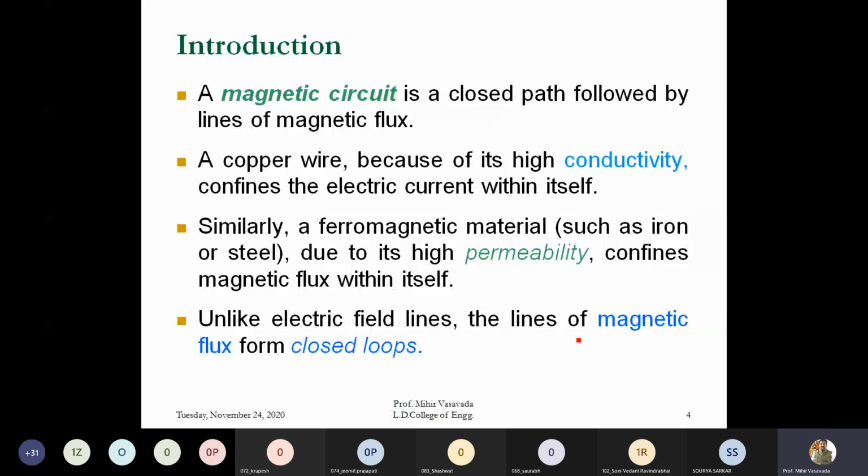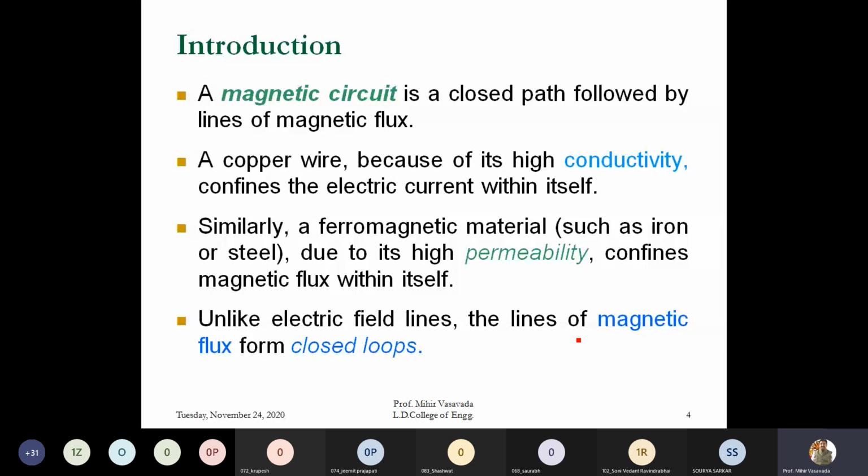Likewise, you can take a copper wire, as I give you the example. When you are keeping the switch on, the copper wire, because of its high conductivity or low resistance, confines the current within itself. So when you switch on the power, the current is flowing through the wire and it reaches the appliances, either light or fan. Right.